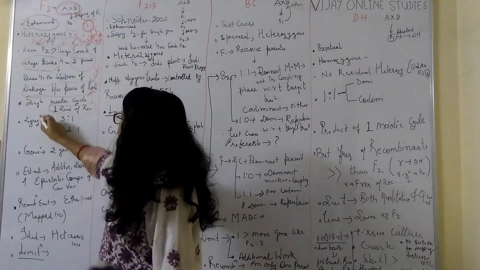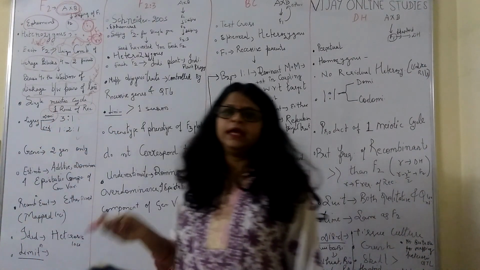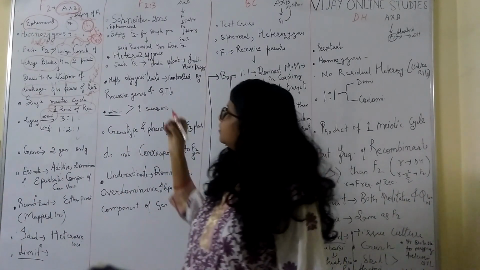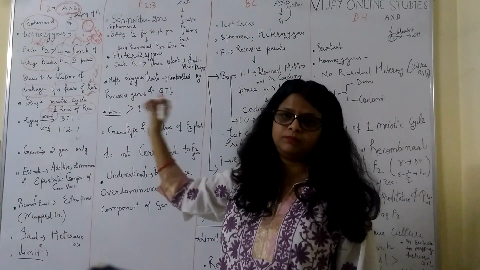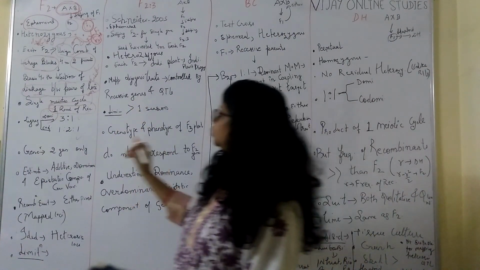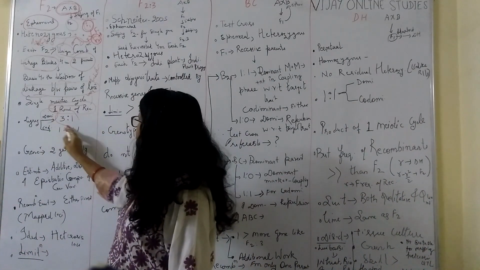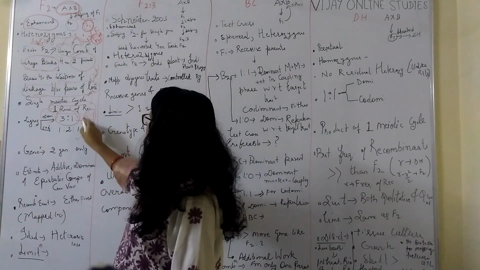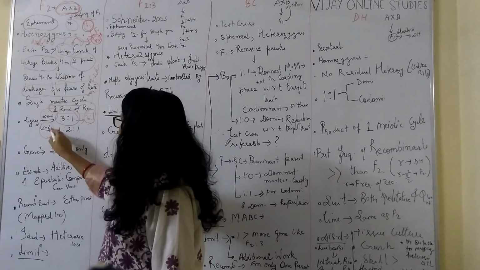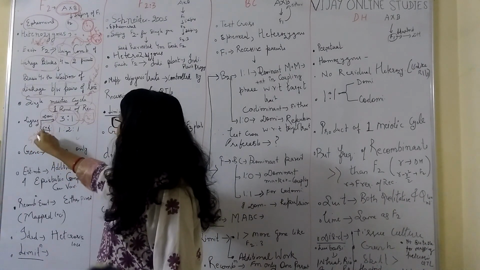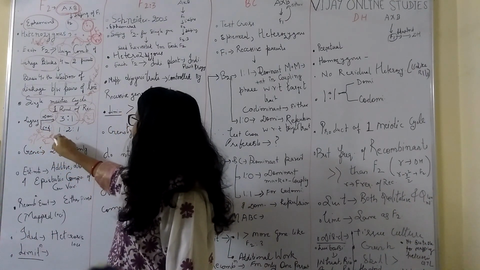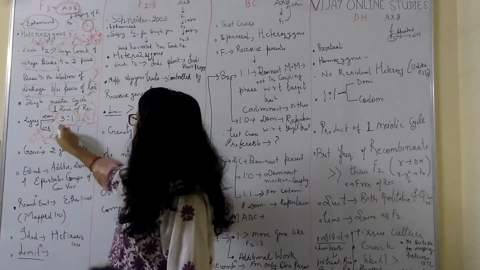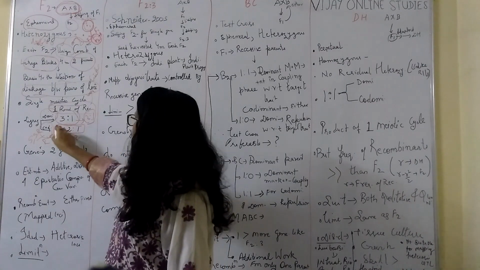With dominant markers like RAPD, AFLP and ISSR, when you are genotyping your F2 mapping population, your population will segregate in a ratio of 3:1. And when you are genotyping it with co-dominant markers like SSR, RFLP and SNP, it will segregate in 1:2:1.